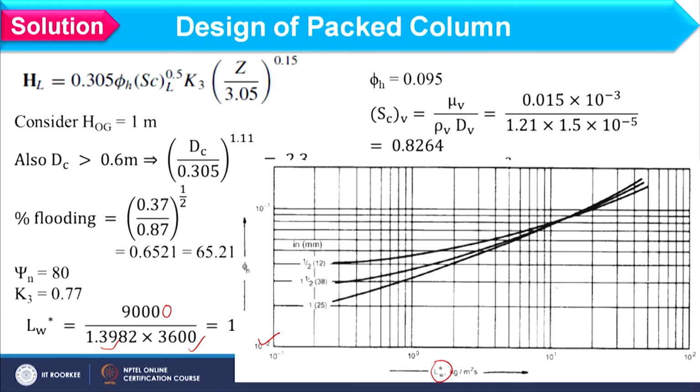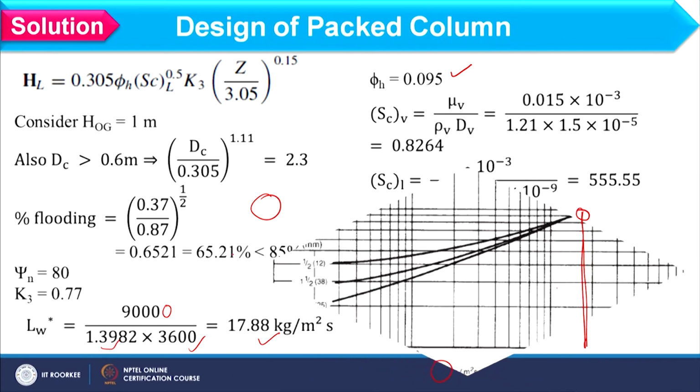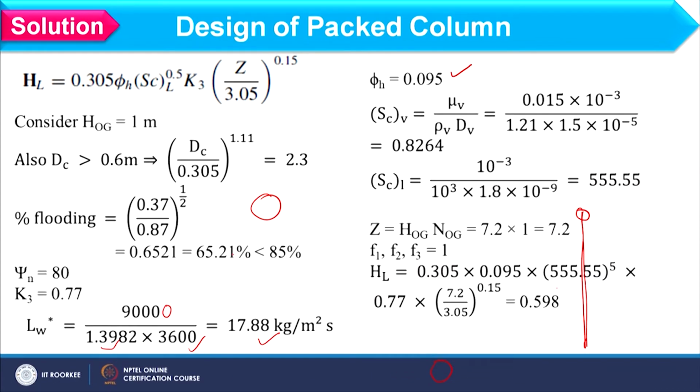When we consider this graph, 17.88 will lie somewhere here, and we can consider the value of phi h at this point, and its value should come as 0.095 when you read it from here. In this way we can find the values of the different factors, and once we have these factors we can find the Schmidt number for liquid condition as well as vapor condition, because the vapor condition will be used to find the value of Hg. So, we will do the calculation together.